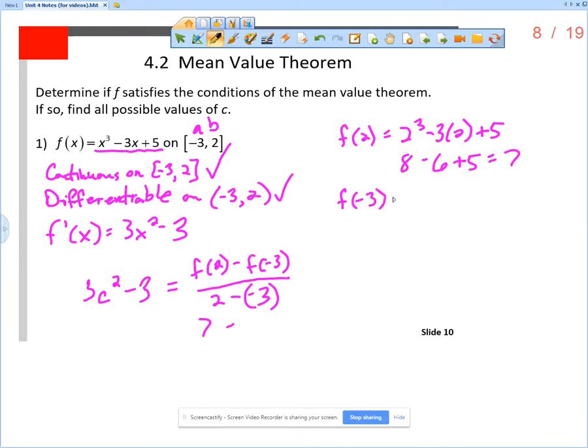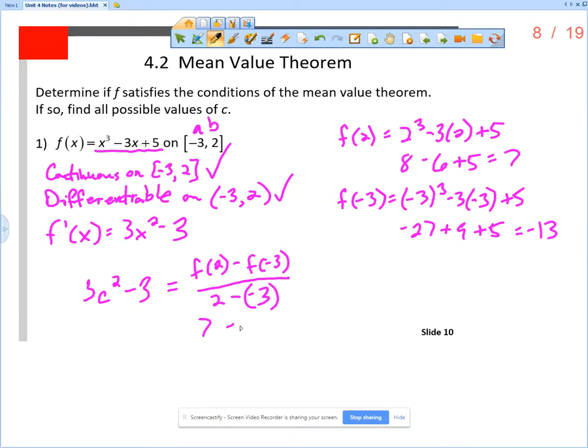Minus f of negative 3. So f of negative 3 is negative 3 cubed minus 3 times negative 3 plus 5. Negative 3 cubed: negative 3 times negative 3 is positive 9, times negative 3 is negative 27. Minus 3 times negative 3 would be plus 9, plus 5. Negative 27 plus 9 is negative 18. Negative 18 plus 5 is negative 13.